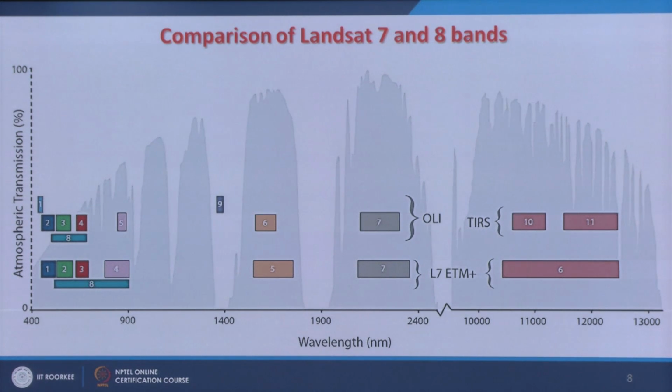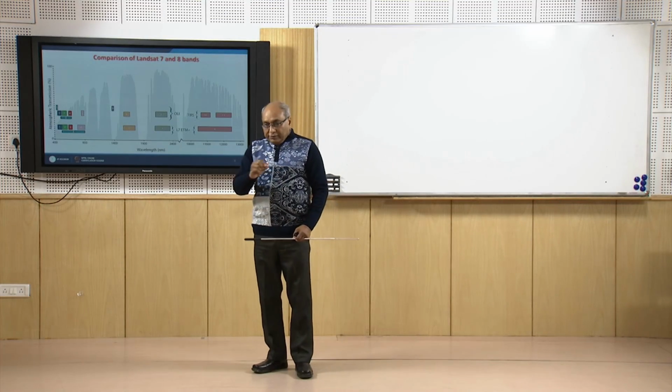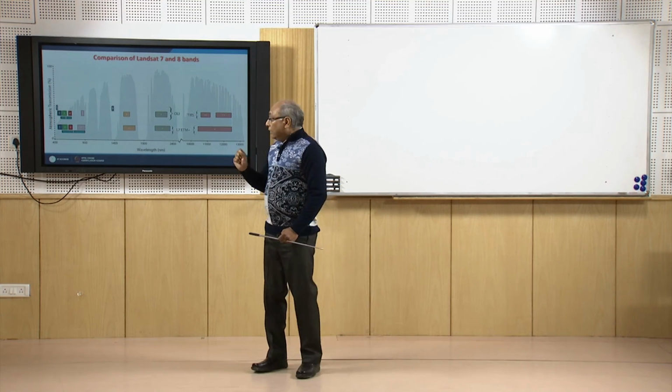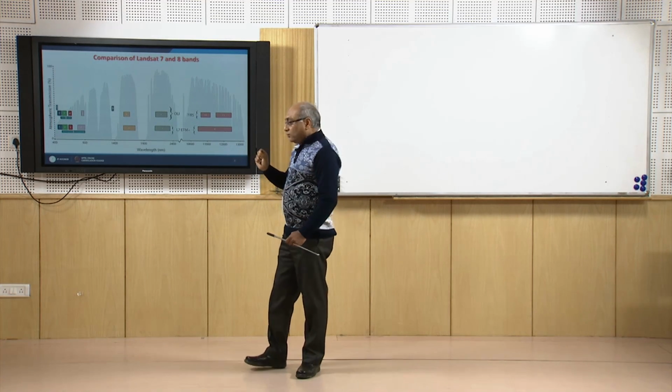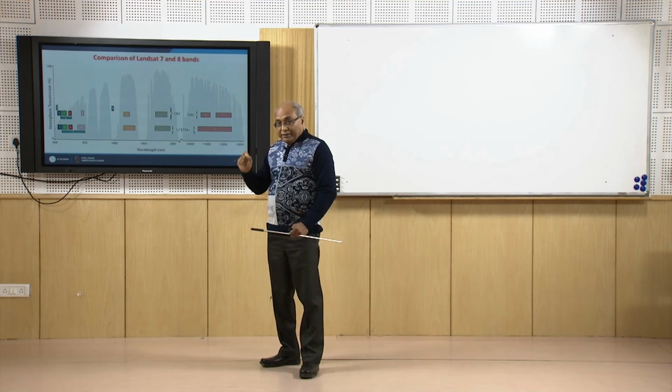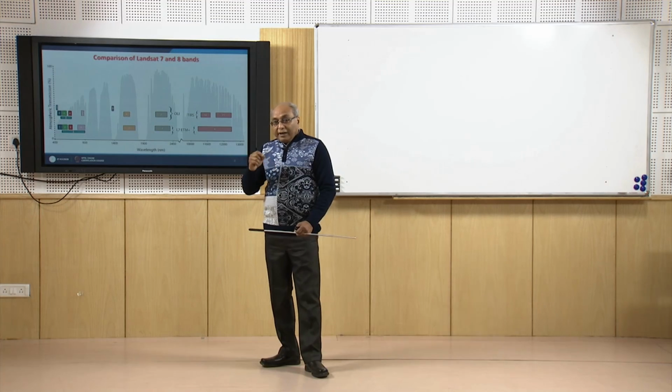So what we are seeing through the development in the Landsat series is that the number of channels is increasing, spatial resolutions are increasing for almost all channels, and the width of these channels is reducing. That means the spatial resolution is improving, and our radiometric resolution is improving, meaning the quantization.